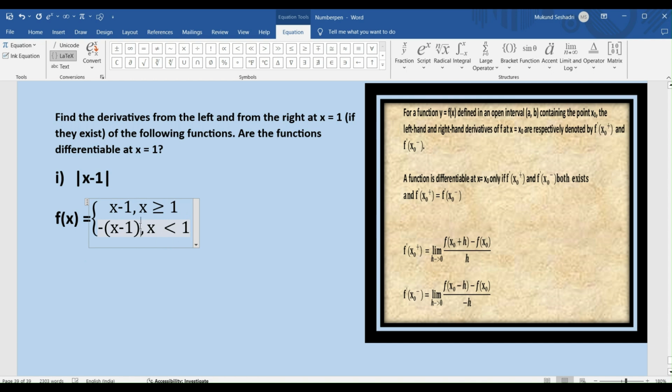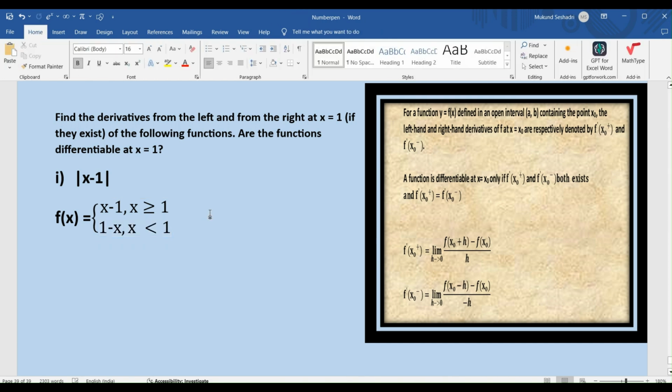And what is my minus of x minus 1? I can comfortably rewrite this as 1 minus x, right? So this is the function, and we've been asked to examine the differentiability at the point 1. So what is our x naught? Our x naught is equal to 1, right?